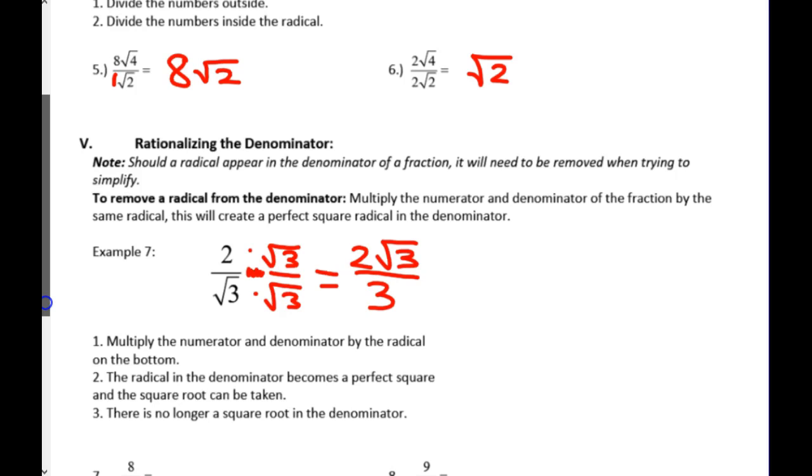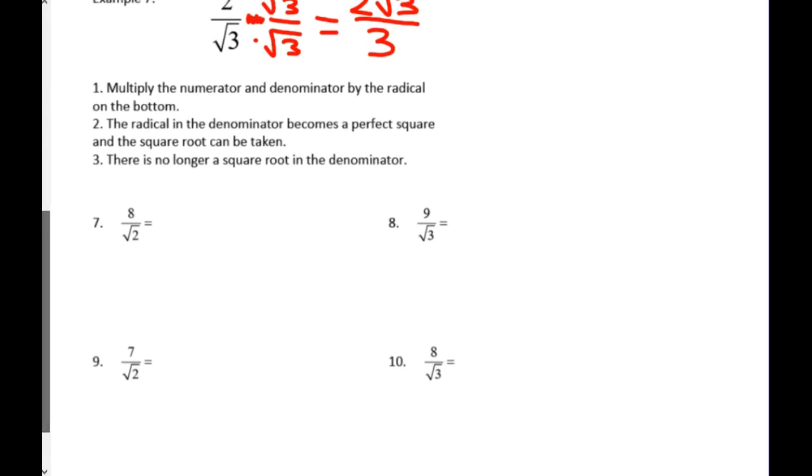If you wrote square root of 9, that'd be okay, but you need to reduce that to 3, right? Now our fraction has no square roots on the bottom, right? The only step you might have to do is if you can reduce that fraction, you want to reduce it, okay? So let's try some more practice. Does it make sense?